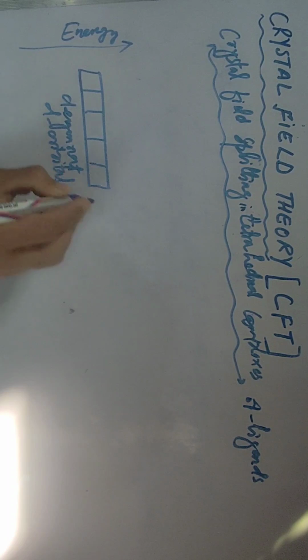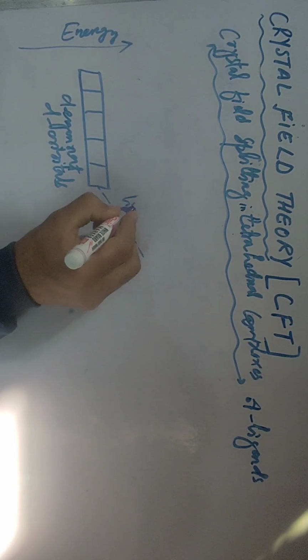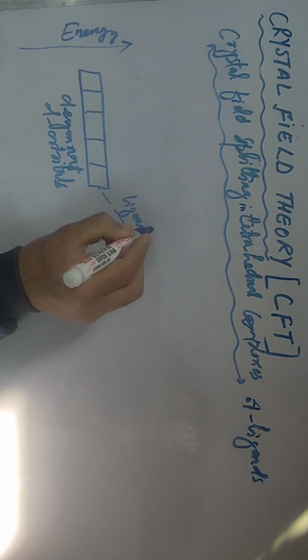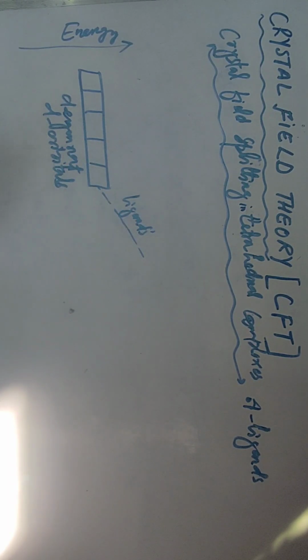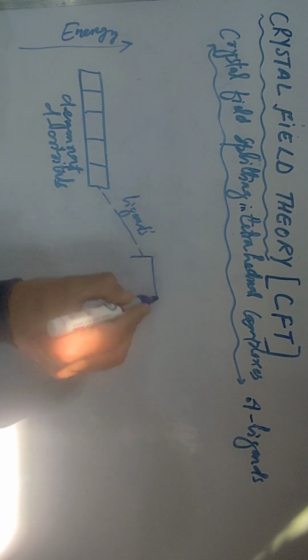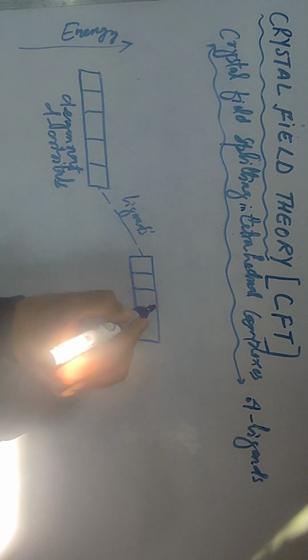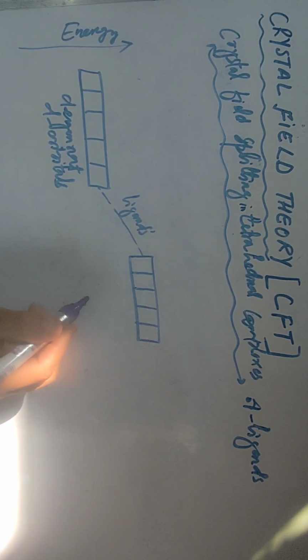But again, in the presence of ligands, there is an increase in the energy of these, or in other words, the degeneracy of these 5 orbitals is removed or lost because of the repulsion felt from the ligands.